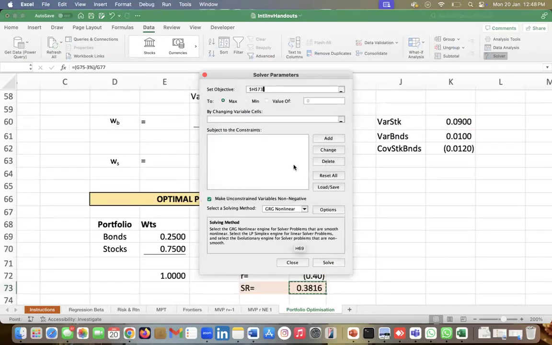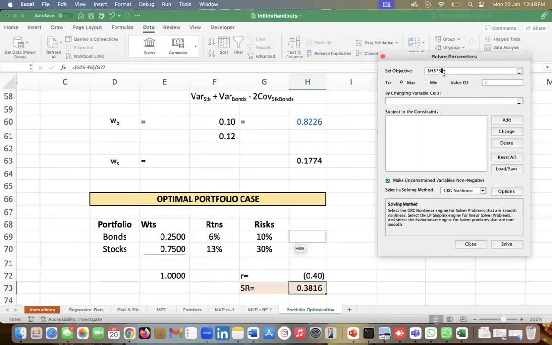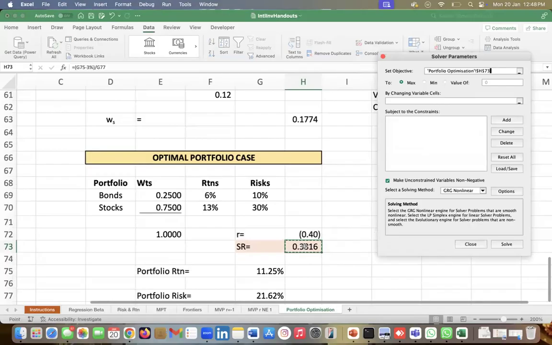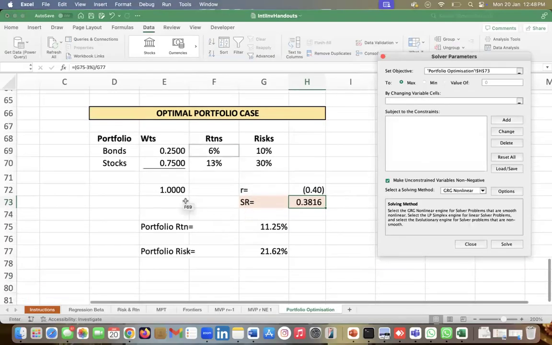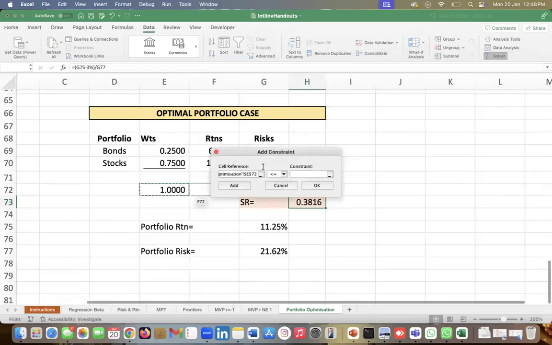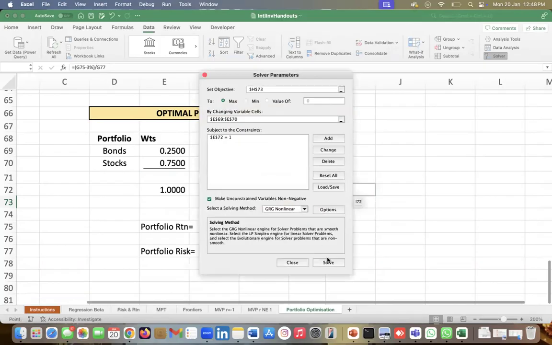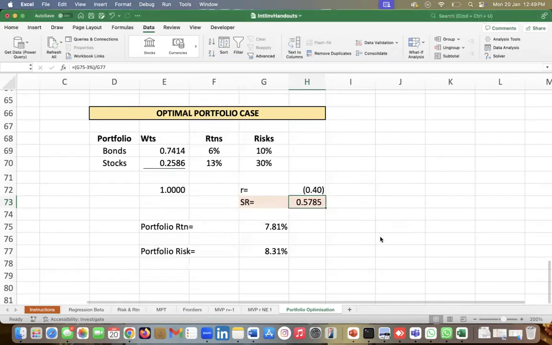First of all, as I told you, always reset your solver. That's the first thing that you should do. Reset your solver and set your objective to be Sharpe's ratio. Set it to maximum by changing my weights, subject to the constraint that the sum of the weights should be equal to 1, and solve. So see, I am getting 0.7414 for bonds and 0.2586 for stocks.